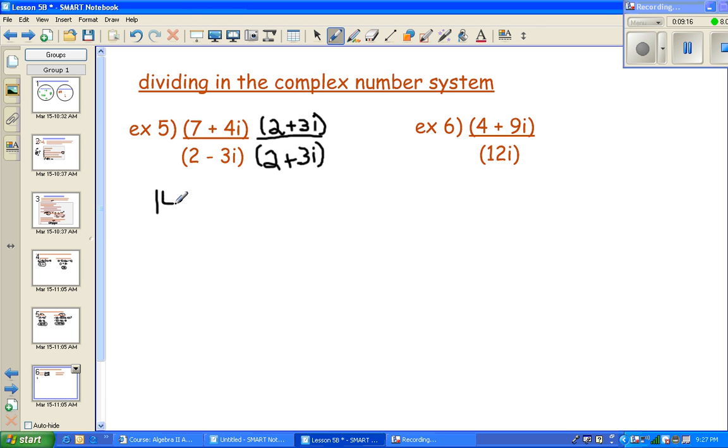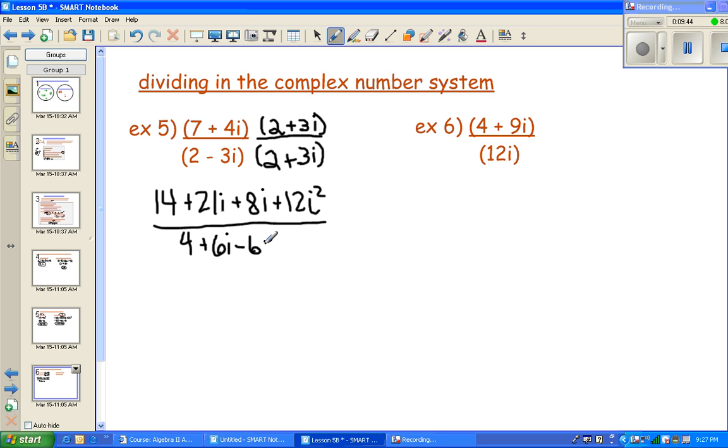When we FOIL the top, we're going to get 14 plus 21i plus 8i plus 12i squared, over, and when we FOIL the bottom, we're going to get 4 plus 6i minus 6i minus 9i squared.